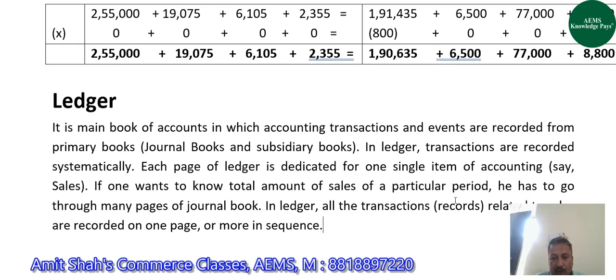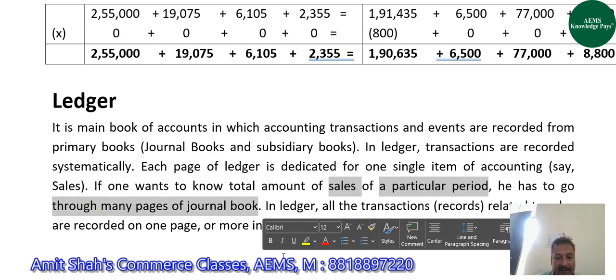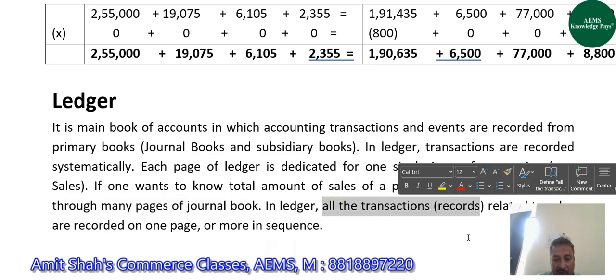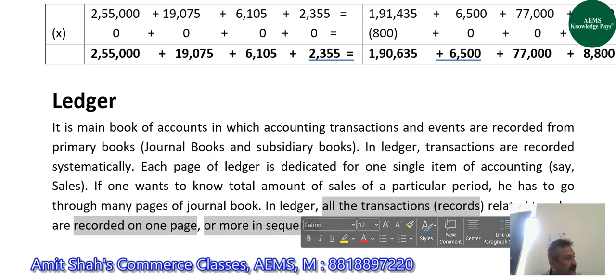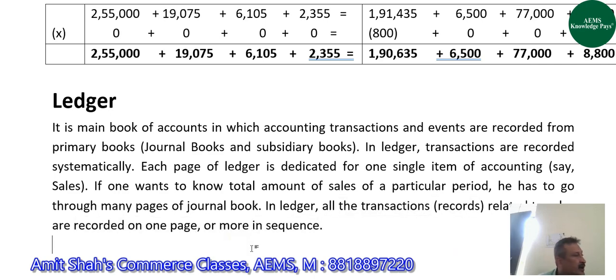So suppose I want to know the amount of total sales of a particular period. If I want to see it from journal, I have to go through many pages of journal book. In ledger, all the records related to sales are recorded on one page. And if one page is not enough, then on other pages, but all the pages would be in sequence, so that at one single place, you can see all the details about sales or any other item of accounting.